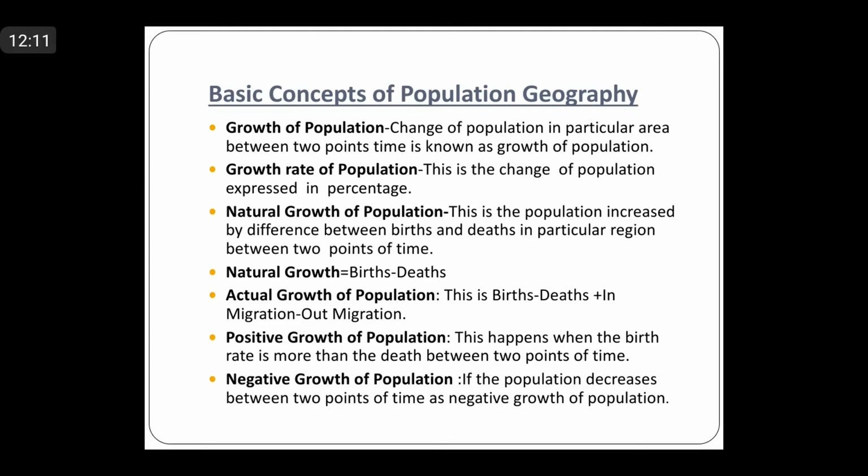Okay. So, once again let me make things clear to you about what growth of population is. Growth of population means change of population in a particular area between 2 points. This is your growth of population. The second one is the growth rate of population. The word is rate, at what rate the population grew or at what rate the population decreased.